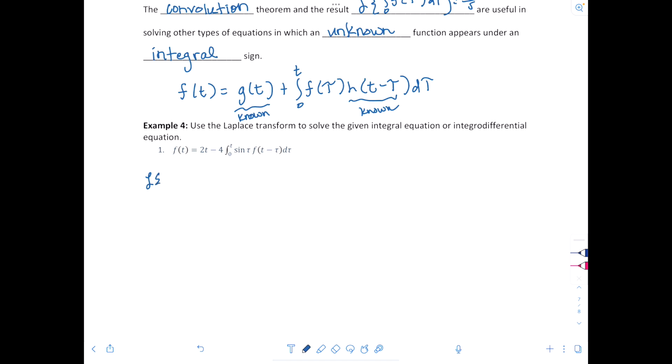So Laplace transform of f is what it is on the left side, and then remember the Laplace transform is a linear operator, so we'll have the Laplace transform of 2t minus 4 times the Laplace transform of the integral from 0 to t of sine at tau times f at t minus tau d tau.